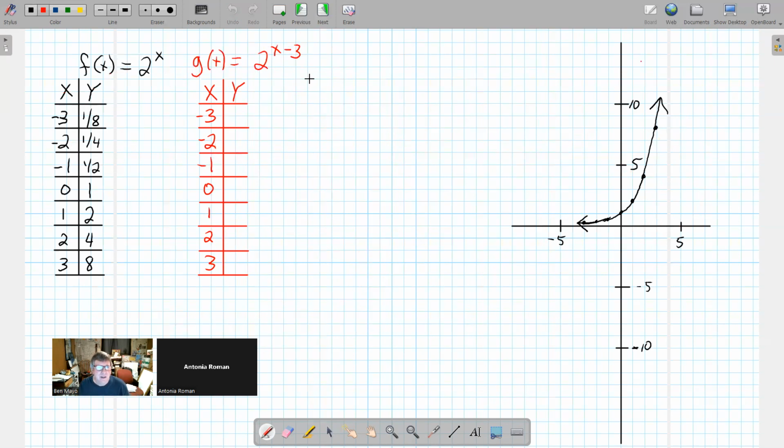Yes. Okay. Now what about this? This is a -3, but this is inside where the x is. So a -3 is going to move the graph that way, plus 3 units. So 1, 2, 3.